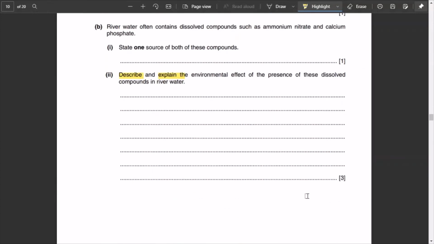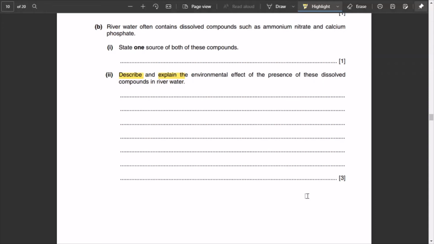Describe and explain the environmental effect of the presence of these dissolved compounds in the river water. Once they get dissolved in river water, because they are soluble, there is growth of algae. This blocks the sunlight and does not allow the plants deep in the water to photosynthesize.